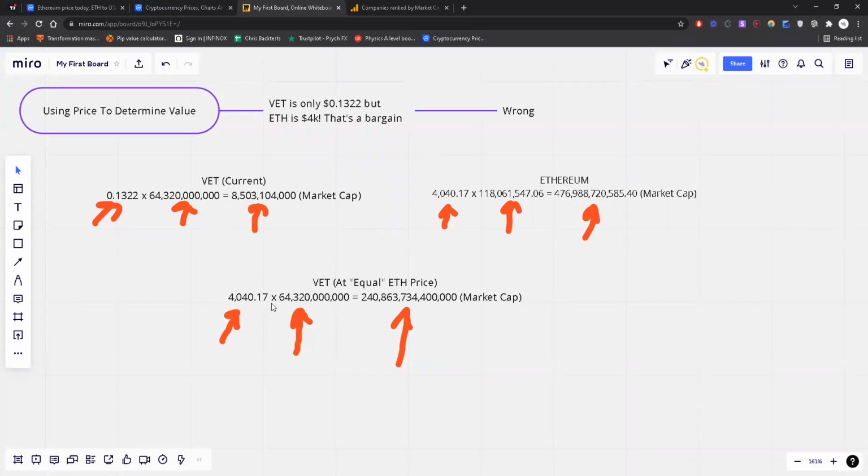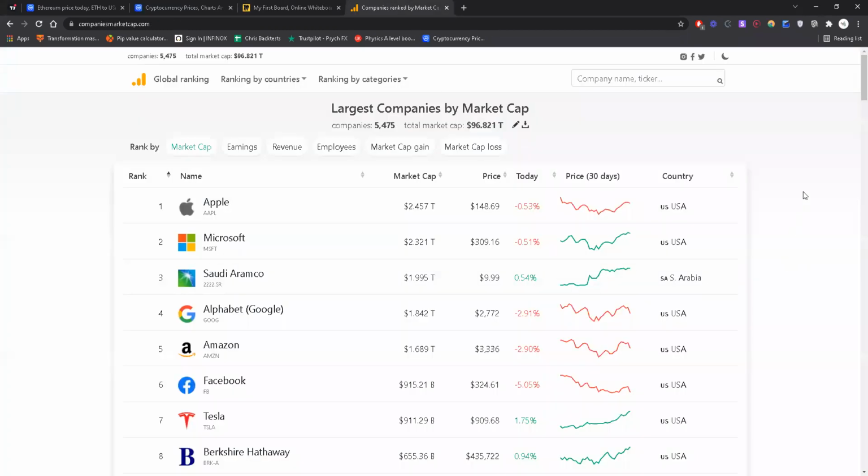So if we times about 4,000 by the same circulating supply that we have with VeChain here, 64.32 billion, the number that we get is almost 241 trillion US dollars with a T. Now, why is that so relevant? Well, to put it into perspective, let's look at the largest companies globally by market cap.